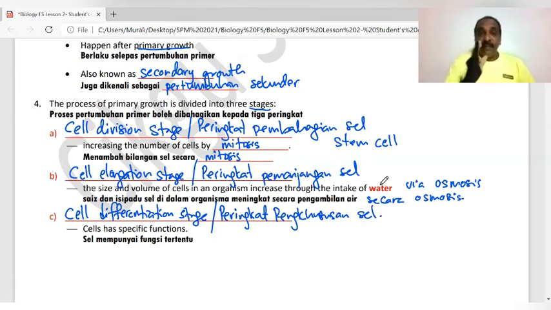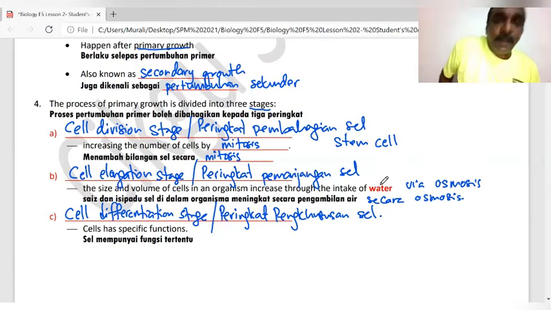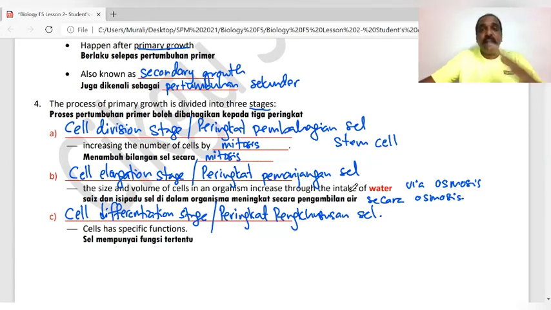The cell will be given a specific function. Okay, all of y'all will become the leaf. Okay, you will become mesophyll cell, you will become the epidermis, you will become the guard cell, and so on. So mereka akan alami pengkhususan. Pengkhususan bermaksud mereka akan diberikan satu fungsi tertentu, a special function. You only conduct this function like that.